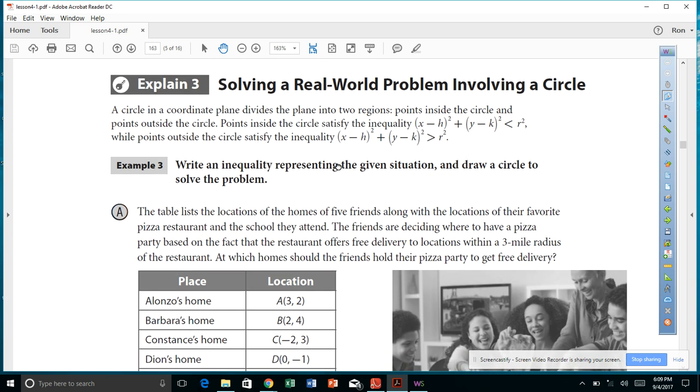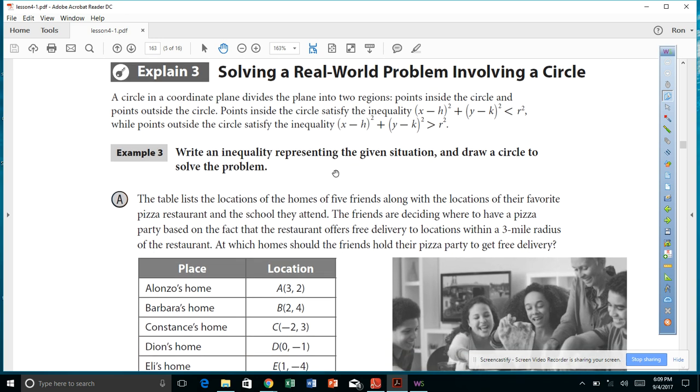Explain 3, solving a real world problem involving circles. A circle in a coordinate plane divides the plane into 2 regions. Points inside the circle and points outside the circle. Actually 3. There's points on the circle, points inside, and points outside.